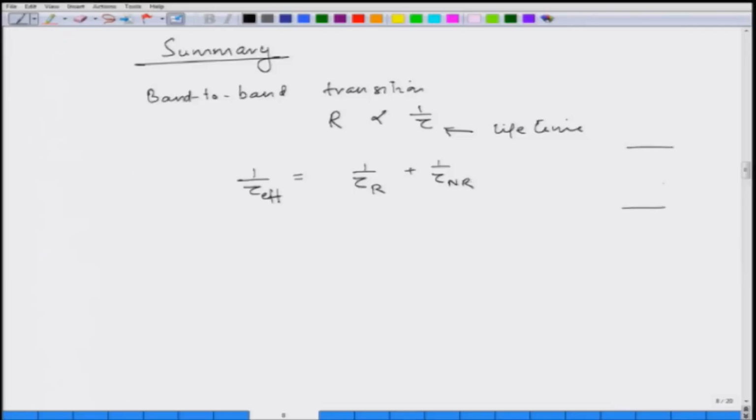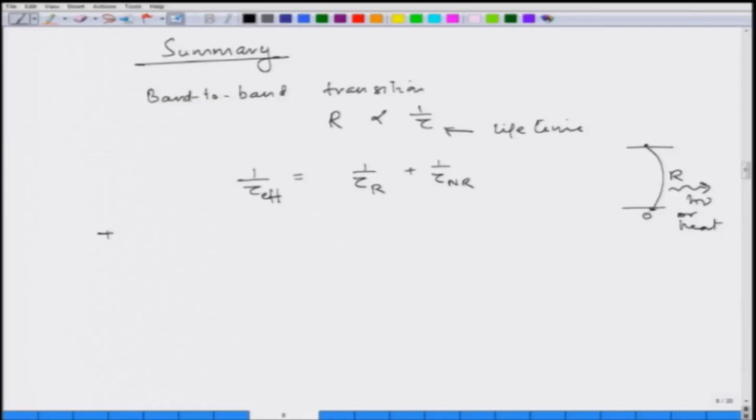So, this was the lifetime for band to band transition. This was for an electron joining with the hole, a recombination process giving you a photon or heat, and that was the tau effective that we had looked at. But as we discussed even at that time, in the semiconductor there are probably more mechanisms, and if it is a direct band gap semiconductor, you would have band to band, plus you would always have this RG center mechanism. And in this RG center mechanism, we just looked at what these RG centers do.